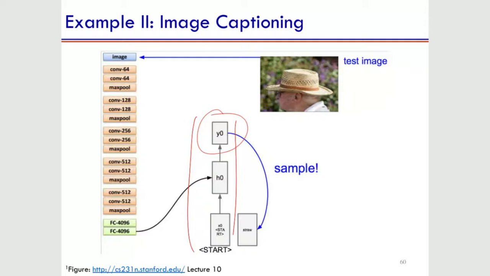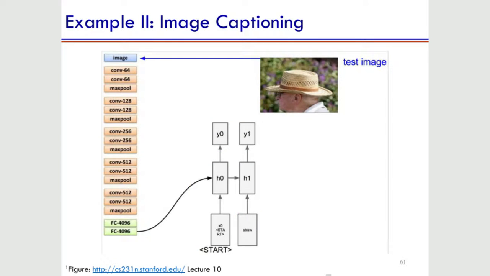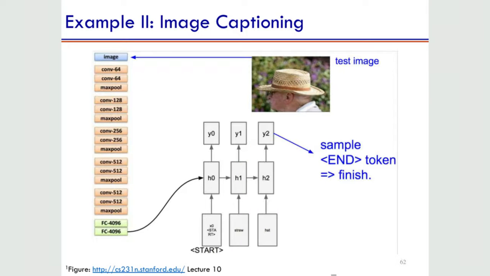Let's say you do sample straw, then straw is input next, and you get a distribution again. These y naughts and y ones are distributions over words from which you can pick the most likely word or do a sample. When you sample end, or if end is the most likely word there, then you stop. That's what you do. Is it clear?